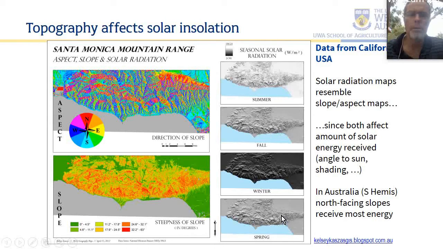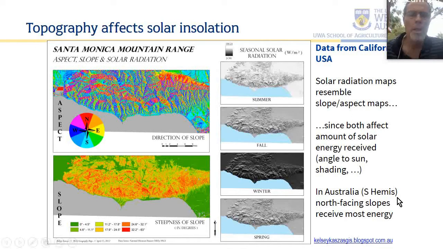And particularly in winter, the slope direction maps will look very much like the solar radiation received maps, and that's because, in this case, in the northern hemisphere, this is in California, south-facing slopes are going to receive far more solar radiation than north-facing slopes.